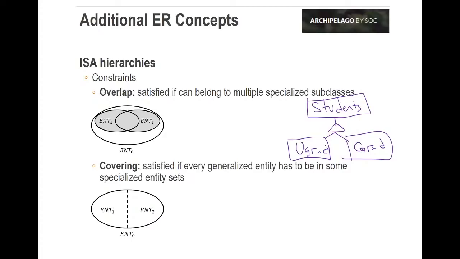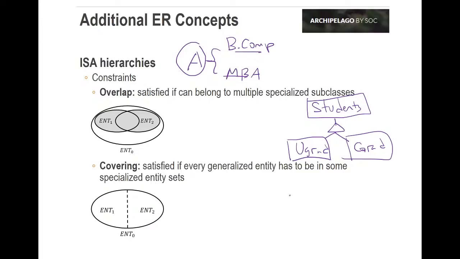Overlap means I can have a student that is both undergrad and graduate student. So I can have, let's say, a student A who is doing both Bachelor of Computing and, let's say, MBA. If I allow a student to do this, then it satisfies overlap constraint.